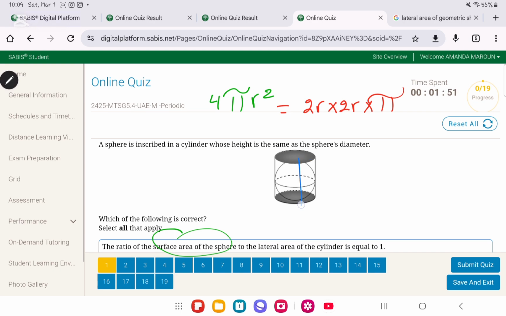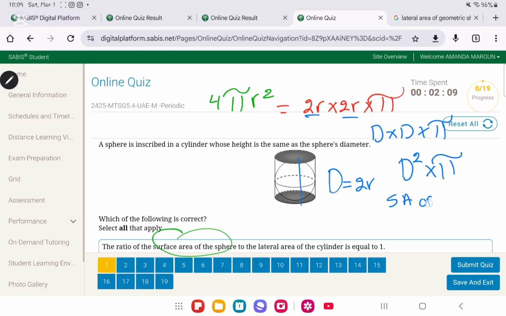And as we said, the diameter d is equal to 2 times the radius. So very simply, we could substitute 2 radius by diameter. So diameter times diameter times pi, so diameter squared times pi. This is the surface area of the sphere.